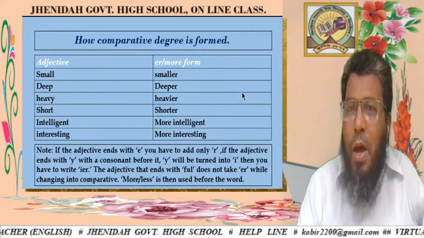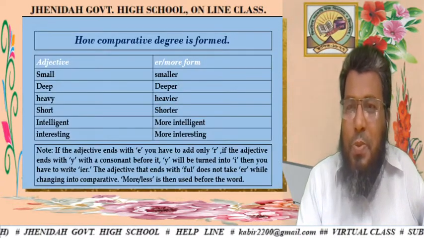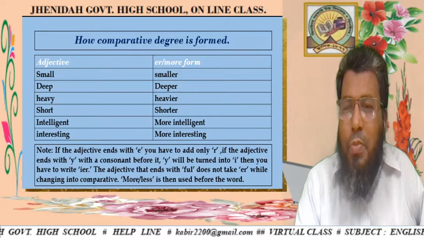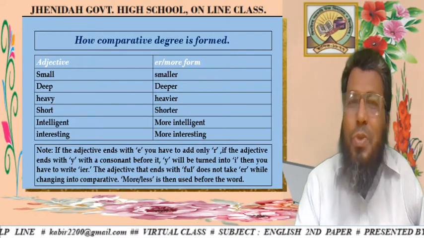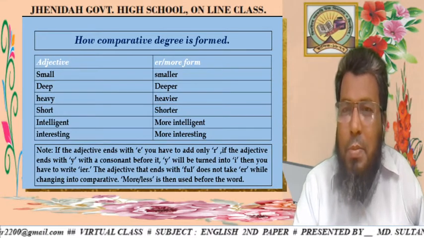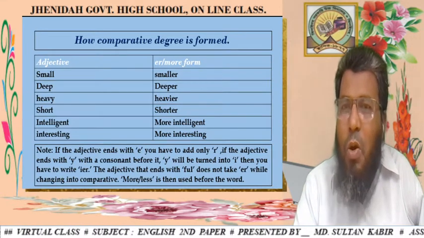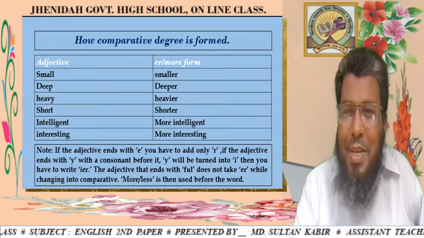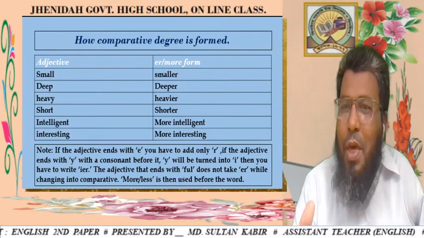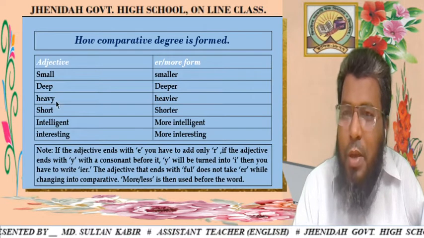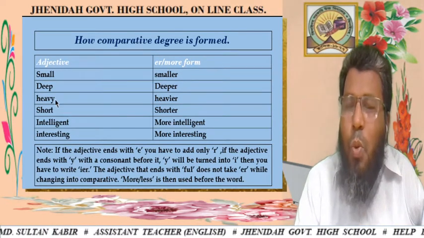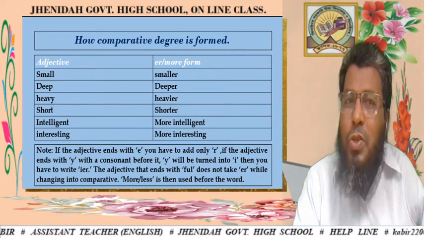Now, there are some adjectives. Here are some examples for you. How can we change an adjective to the comparative form? Look, there are some examples here, such as small, smaller, deep, deeper, heavy, heavier. Look here, heavy ends with the letter y.